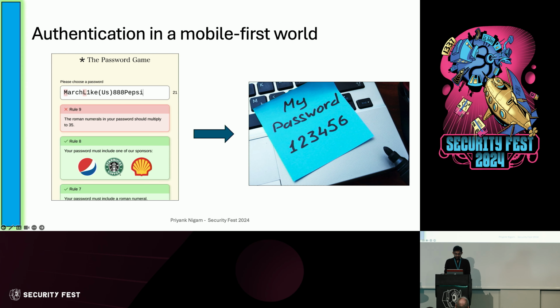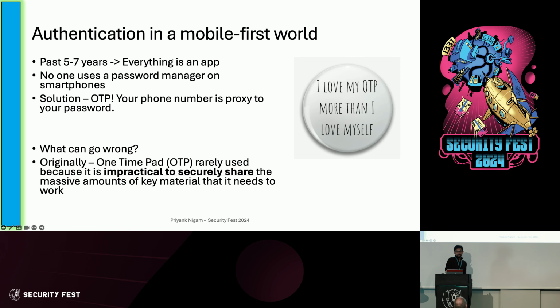So a little bit of how authentication currently works. All of you must have played this password game, right? About password complexities. What it usually leads to is things on the right, like extremely weak passwords. So someone thought about it, and then they said, OK, nobody's going to use a password manager on their phone, forget about even on desktop.